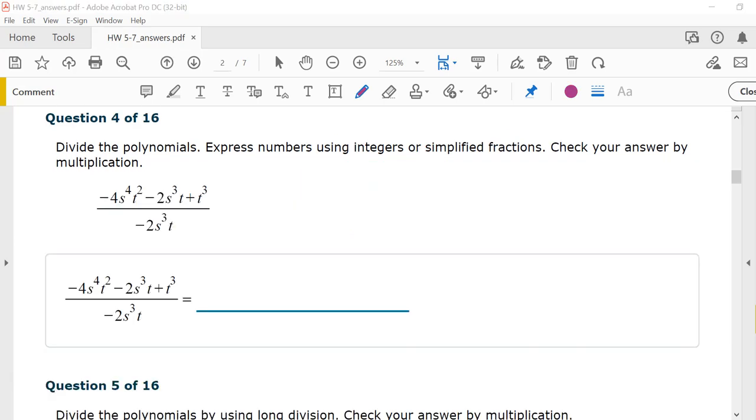Number 4, divide the polynomials. Even though there's a number and then 2 different variables, that's still just one term down there at the bottom. There's a monomial in the denominator.